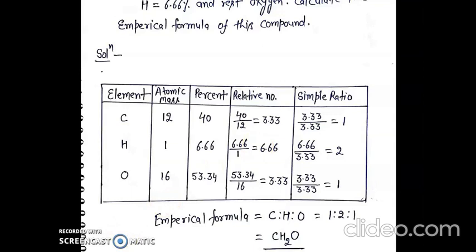And the second element is hydrogen. The atomic mass of hydrogen is 1. The percentage of hydrogen given in the question is 6.66, and the relative number can be calculated by the formula: relative number is equal to percentage of the element divided by atomic mass of that element.